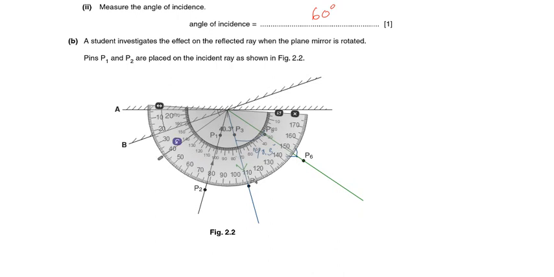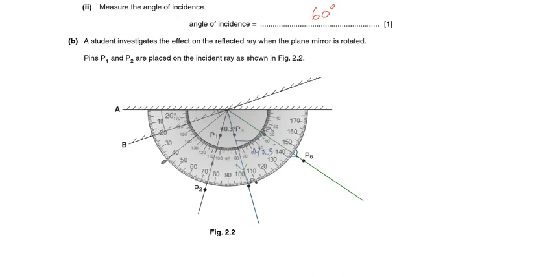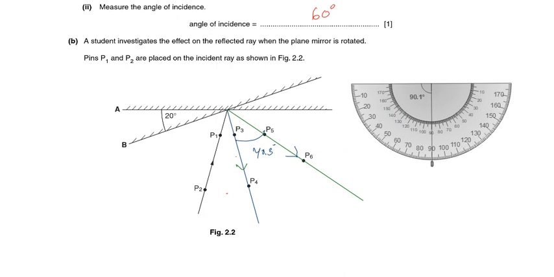Okay, so the dashed line is represented as the normal. We put the dashes over here. So this will be the normal.